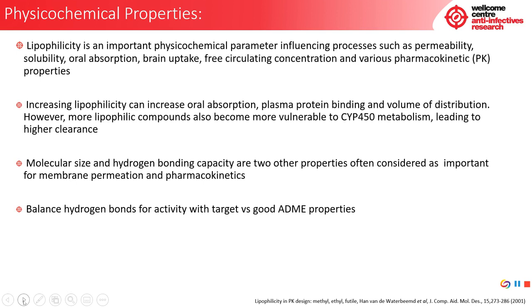A balance of hydrogen bonding for activity with the target as well as with the enzyme is judiciously to be chosen, because the hydrogen bonding is required to engage with the target, and equally it can help engage with the enzyme. So a trade-off between the two is required.